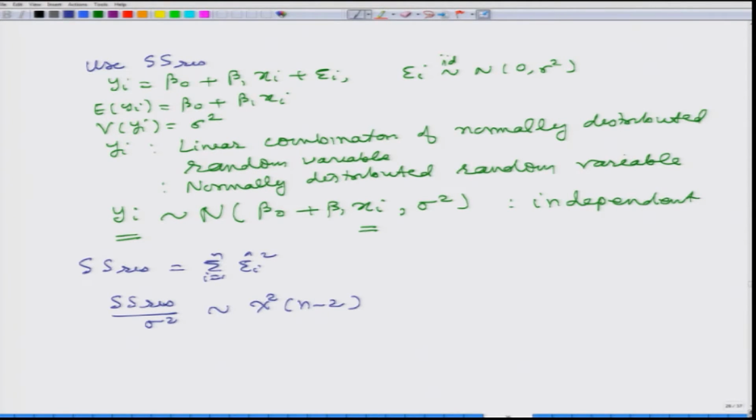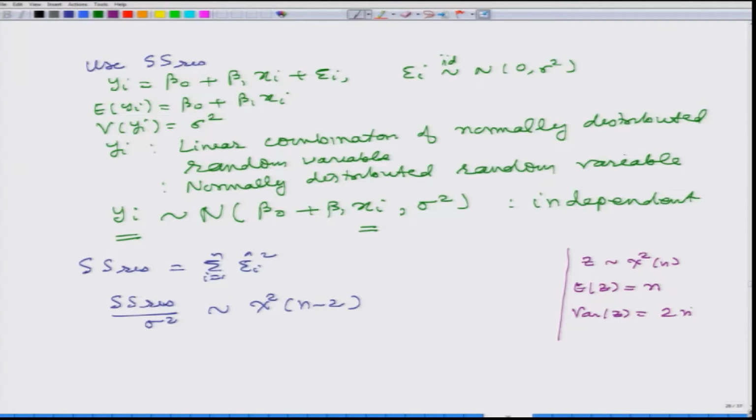Right. So, just for the sake of your information and a quick review, we know that if there is some random variable z which is following a chi-square distribution with n degrees of freedom, then its mean, that is expected value of z, is n, the number of degrees of freedom, and variance of z is nothing but twice of n.